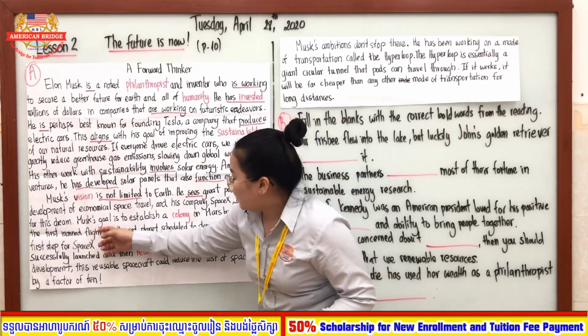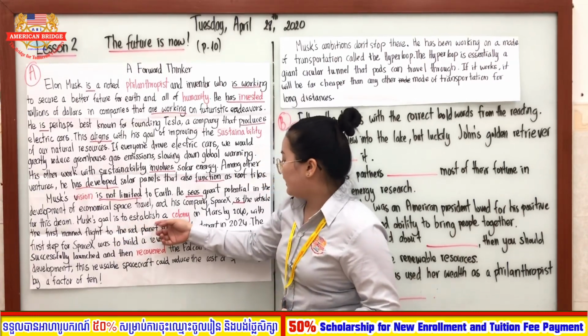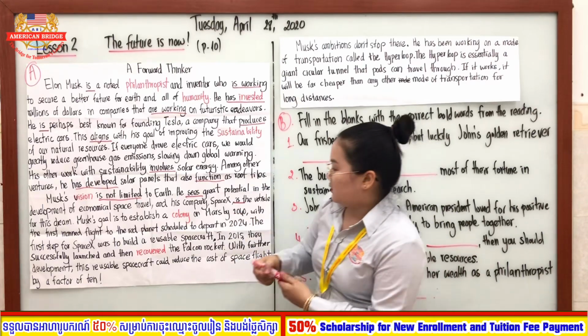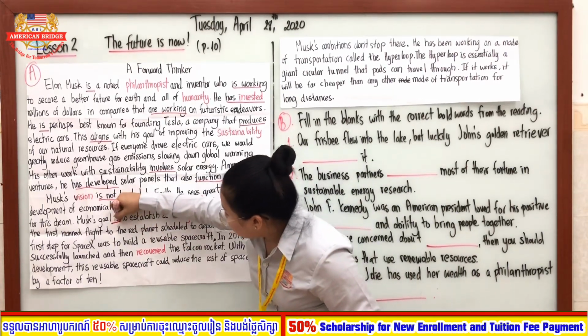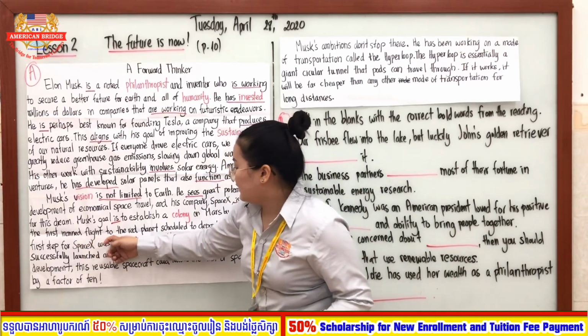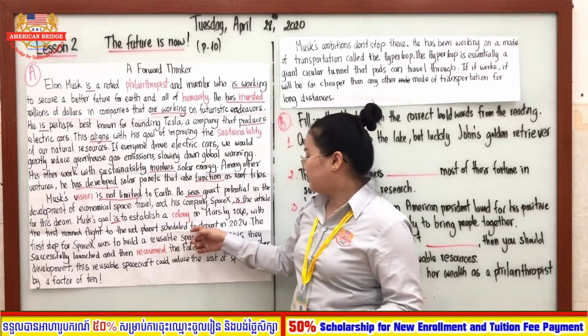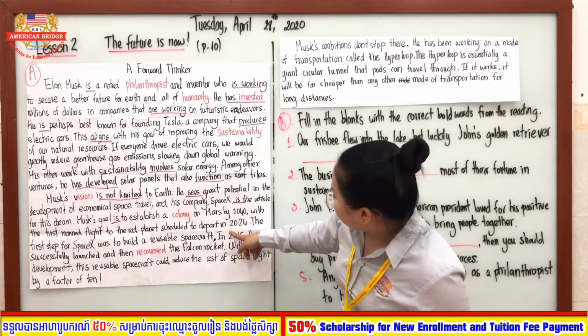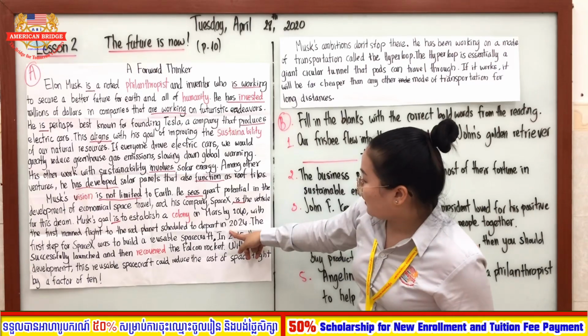And Musk's goal is to establish a colony on Mars by 2040. So the word is, his goal is, yes. With the first manned flight to the red planet scheduled to depart in 2024. So is there any present tense more in this sentence?